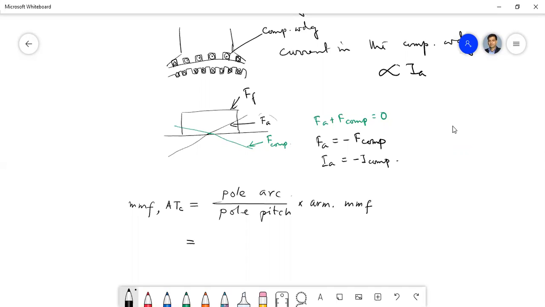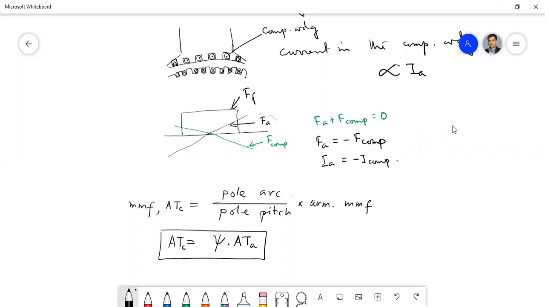And this ratio is generally denoted by psi, into AT_a. So this armature MMF is related because, as I already told you, the compensation depends on the load current or the armature current. So psi is called the pole arc by pole pitch ratio.